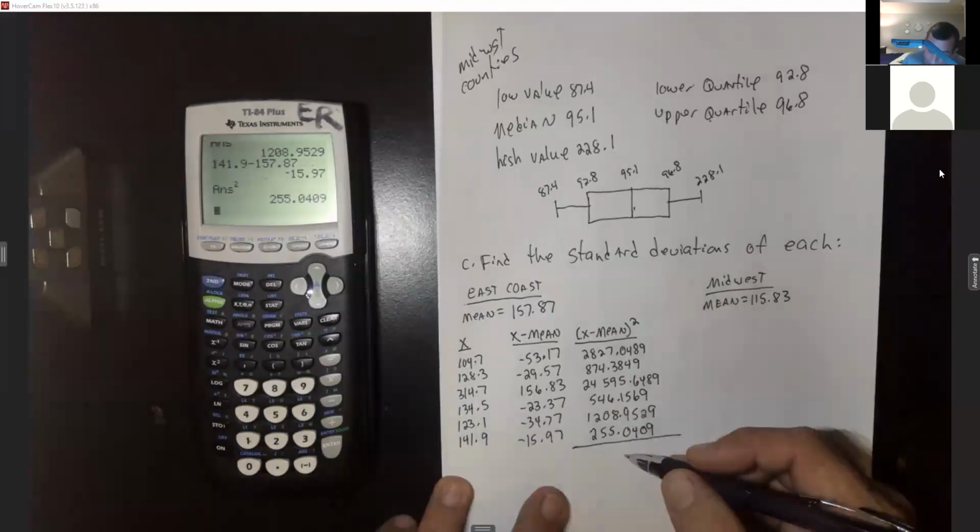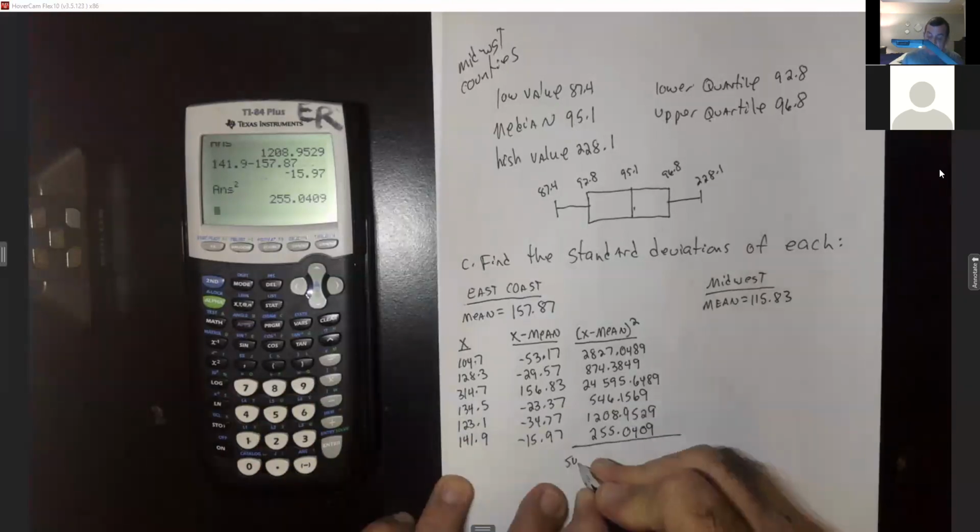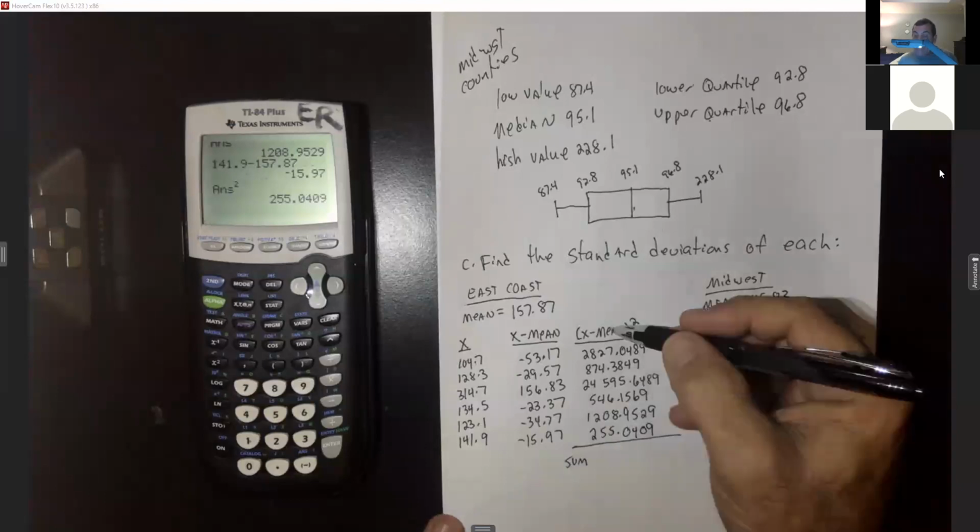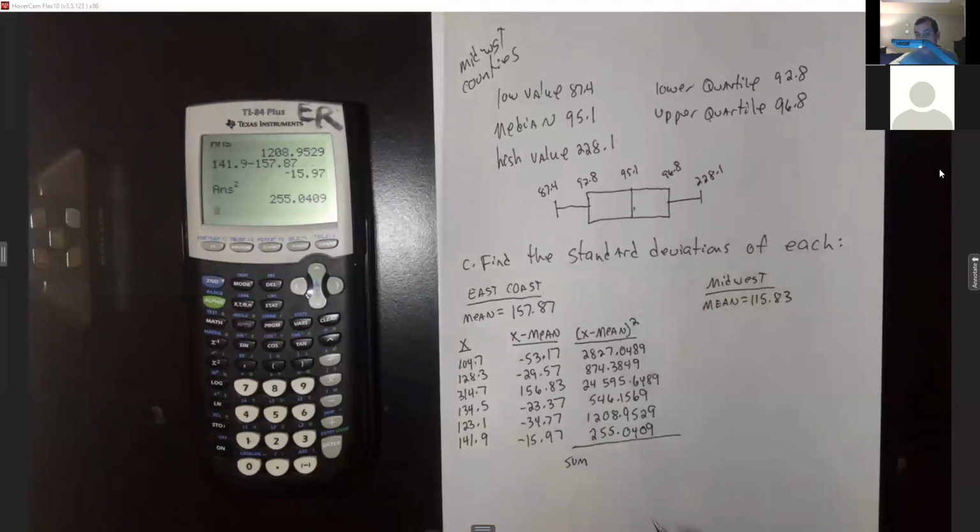because this is going to be the sum of all my x minus my mean squared, okay?